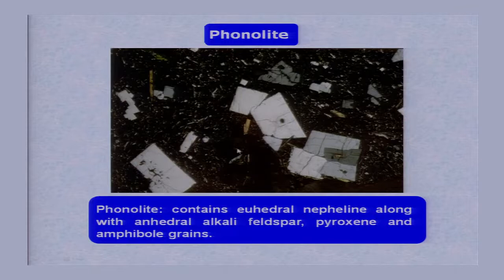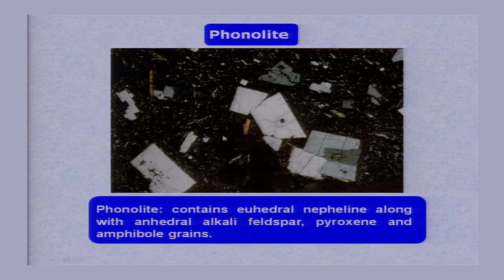I am citing one example of a phonolite. Phonolite is an igneous rock. It is a lava flow, and this lava flow contains euhedral grains. See, these grains are euhedral. All the sides of this grain are very well developed. Crystal faces are very well developed.